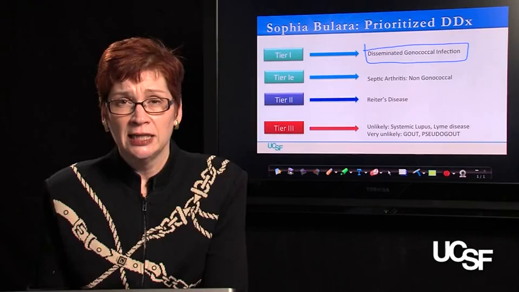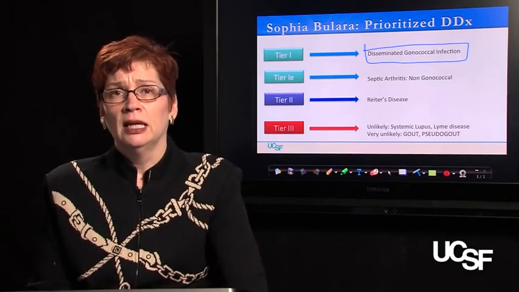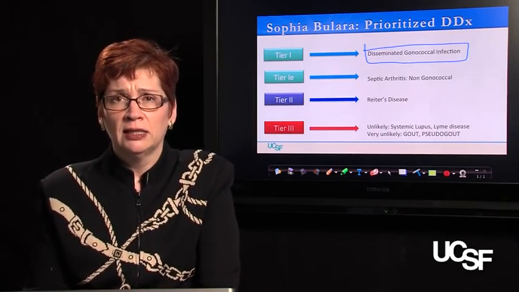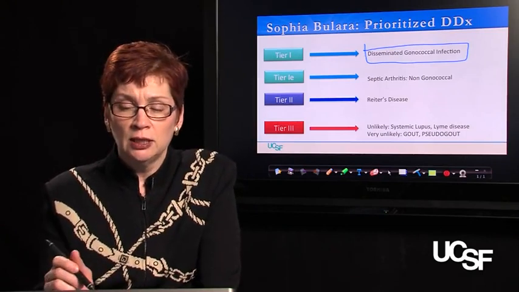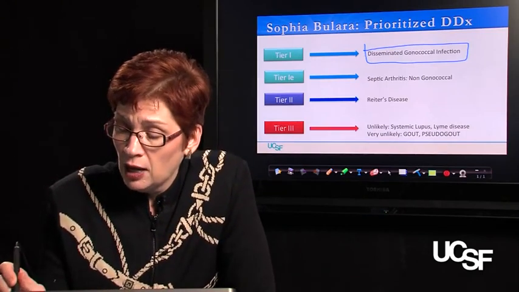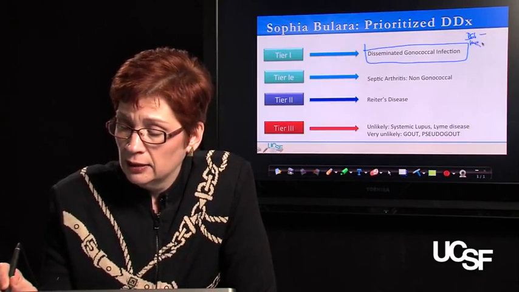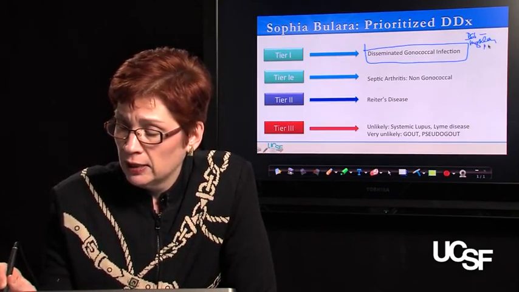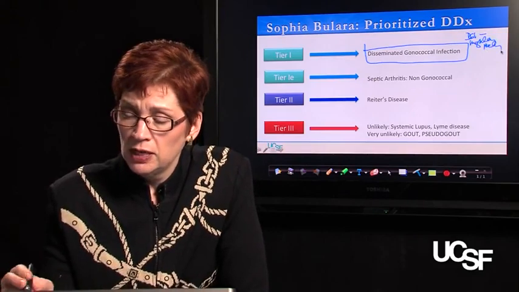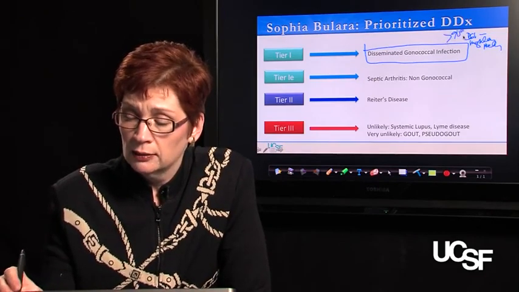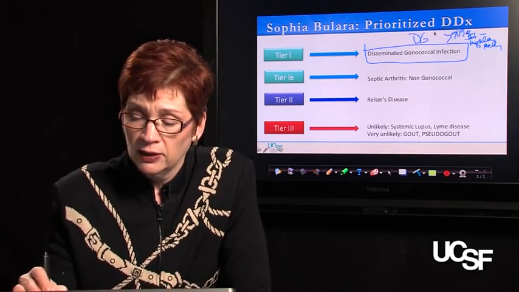In fact, that's almost a key feature in this particular environment. So she's tier 1, and given that key feature, I would say that DGI is a very likely diagnosis. So she'd be in that greater than 90% for disseminated gonococcal infection.